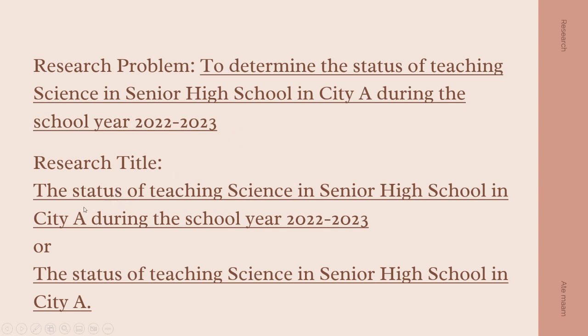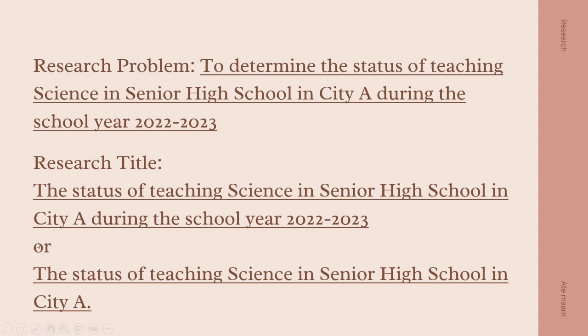So you can say the status of teaching science in senior high school in CTA during the school year 2022-2023, or the status of teaching science in senior high school in CTA, or the teaching of science in senior high school in CTA.